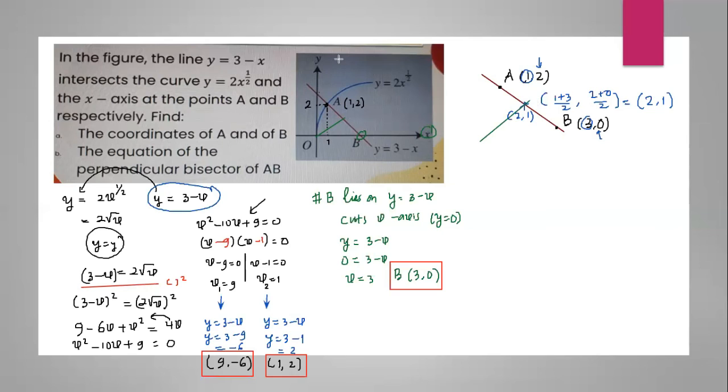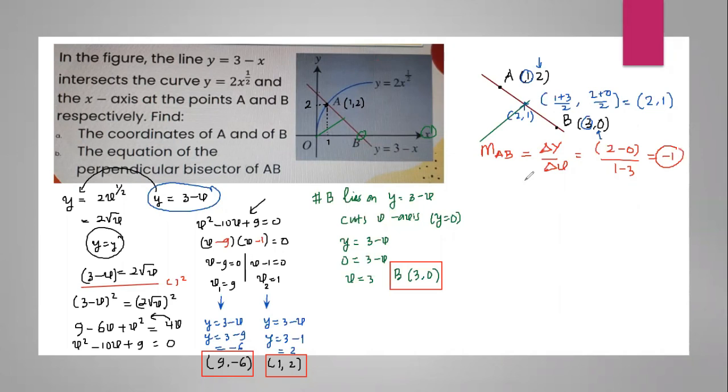Find the gradient of AB, delta y over delta x. Delta y, this one, 2 minus 0 over 1 minus 3. So you got minus 1.